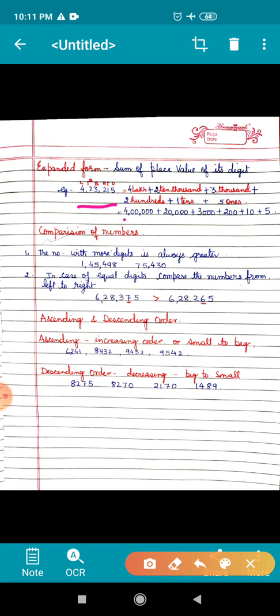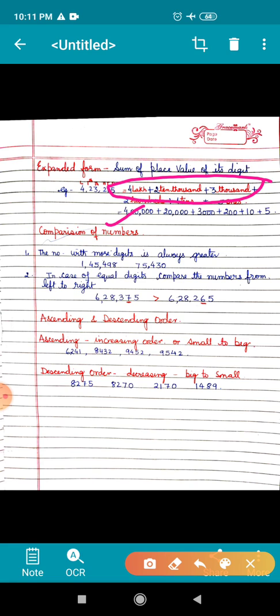To write the expanded form of this number, first we will write the digit and its place with a plus sign, as I have done here. 4 lakhs plus 2 ten thousands plus 3 thousands plus 2 hundreds plus 1 ten plus 5 ones. Children, you can write the expanded form in words also and in figures also.